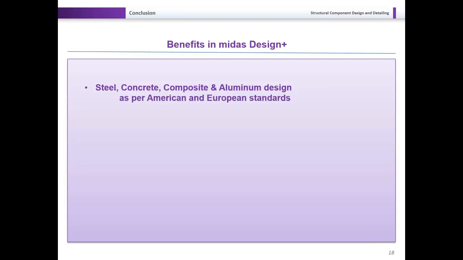And these are as per the American as well as European standards. As a result, we can generate a detailed report of the design as well as check. This helps us to understand the software design and get complete information on the design result.